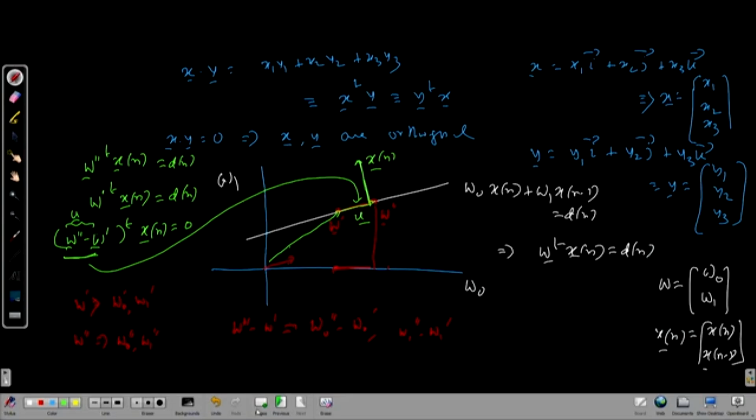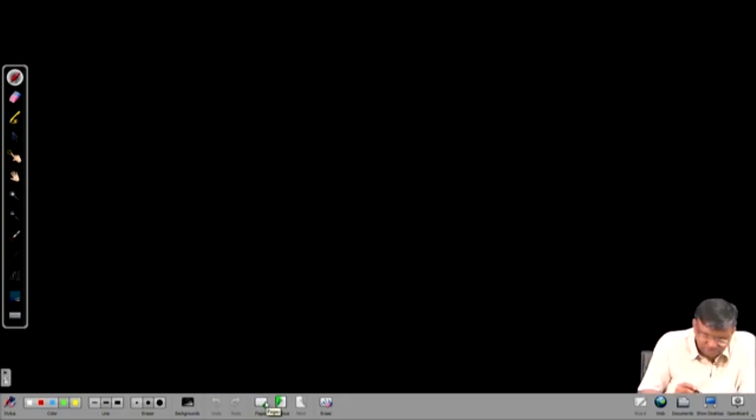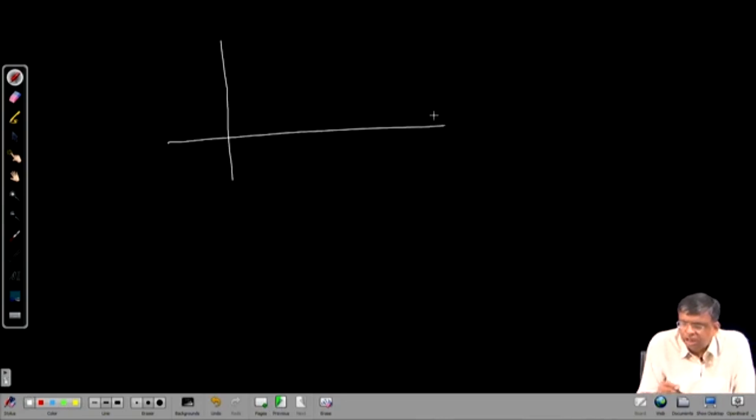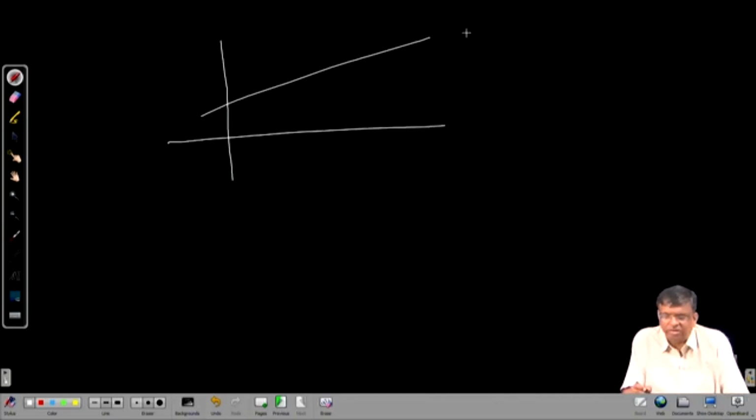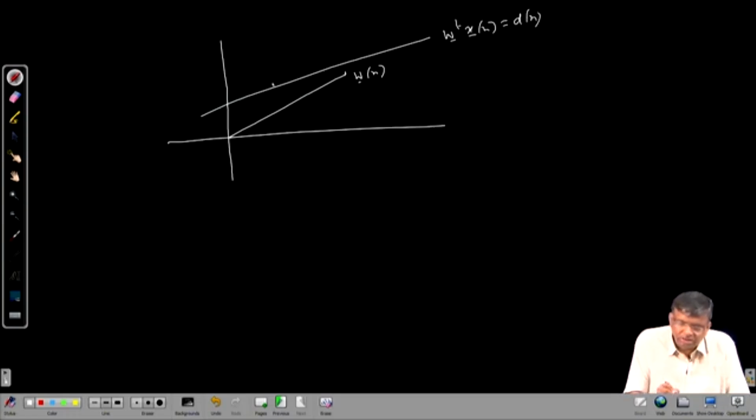Now, see one very interesting thing. I come back to the derivation of the NLMS algorithm. First, at nth clock, you have a W n. So, this equation is W transpose x n is equal to d n, and this is my optimal point.